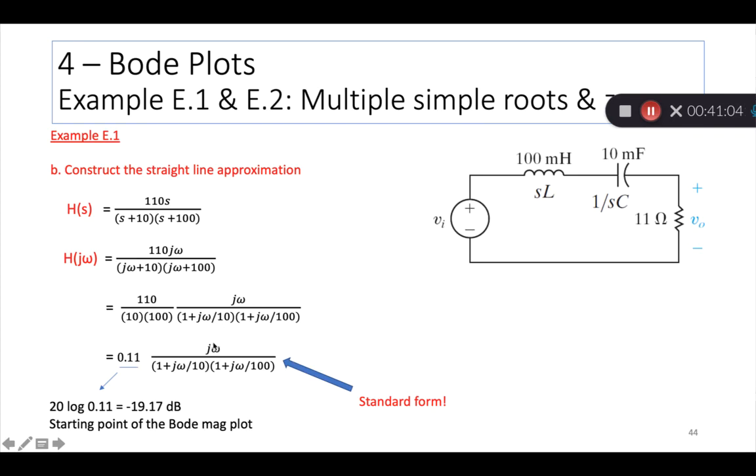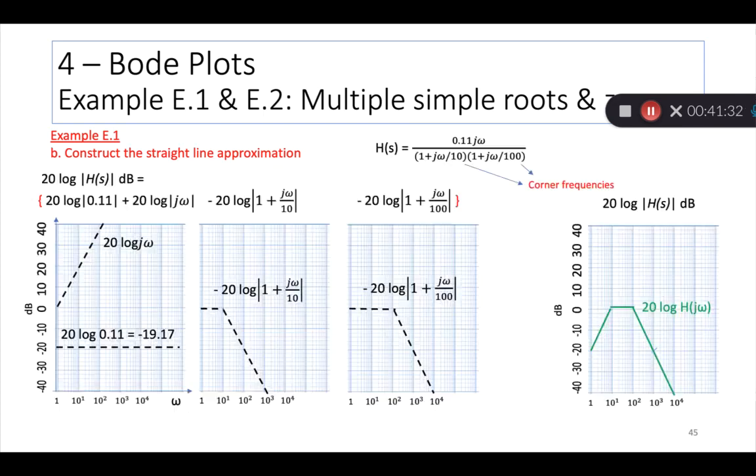That's what the j omega on the top stands for. And we have two real poles. One of them is at omega of 10 and another one is at omega of 100. And then this 0.11 you see, and how it's converted to dB, I'm already telling you that is the starting point of the Bode magnitude plot, which I think you saw earlier also. Alright. So moving on to slide 45.